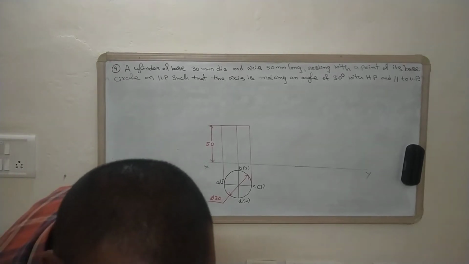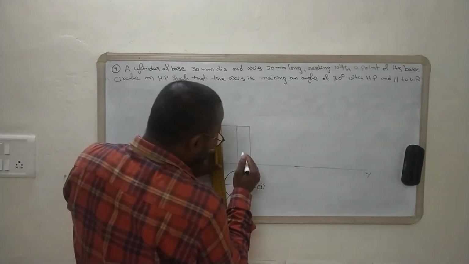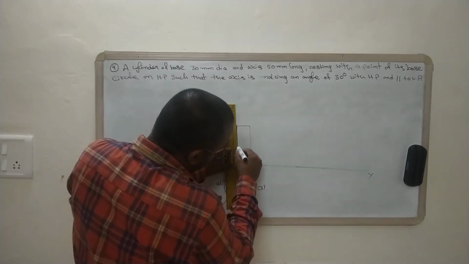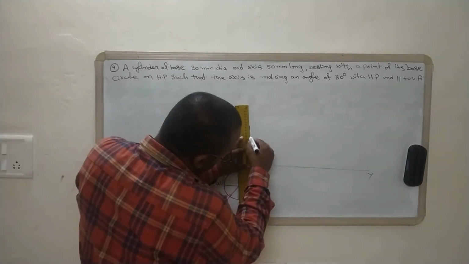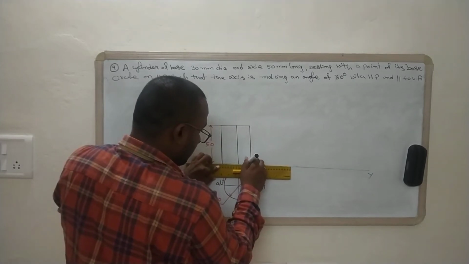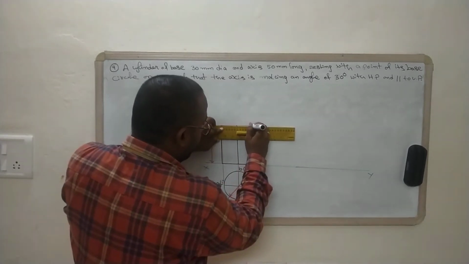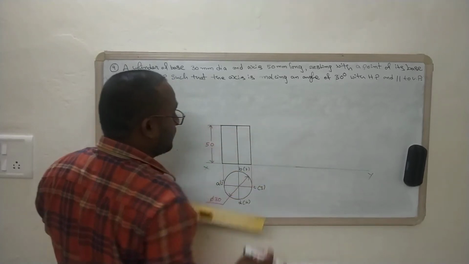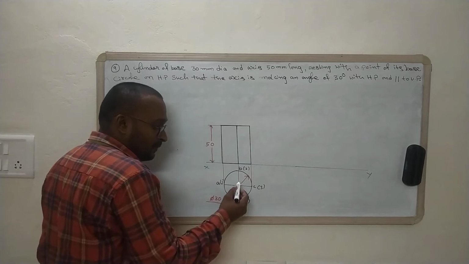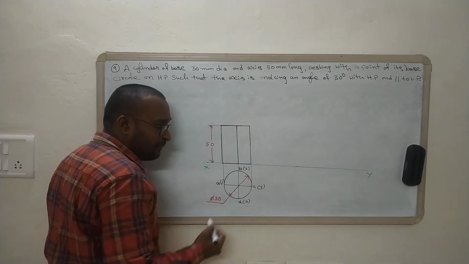So here it is the front view of the given problem. Here this is the center axis as well as the B2 and D4 lines.